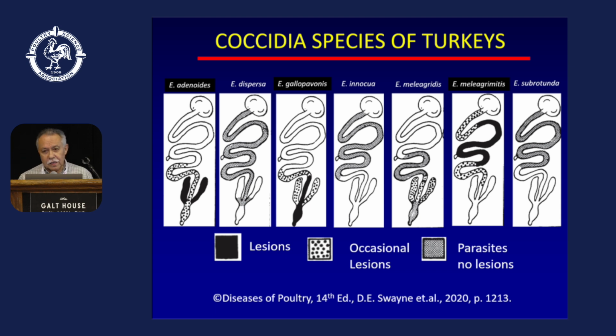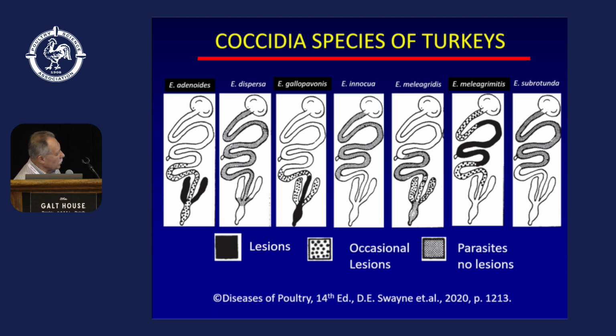Coincidentally, there's also 7 recognized Eimeria species in turkeys. Here, the ones I highlighted with a black background, adenoeides, gallopavonis, and meleagrimitis, produce distinctive lesions in the intestinal tract. Same diagram, this is the gizzard, this is the vent.